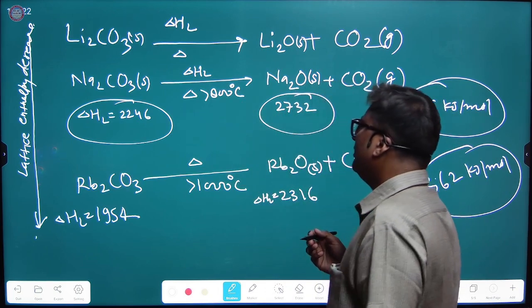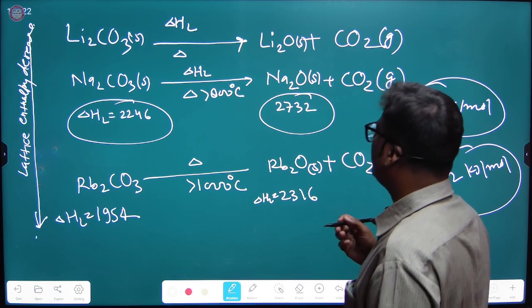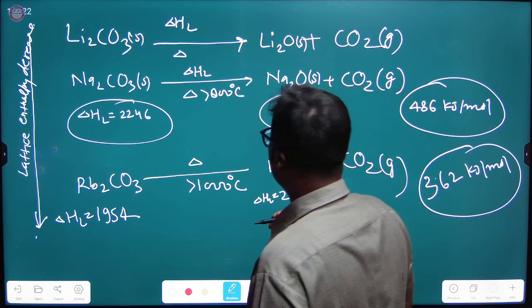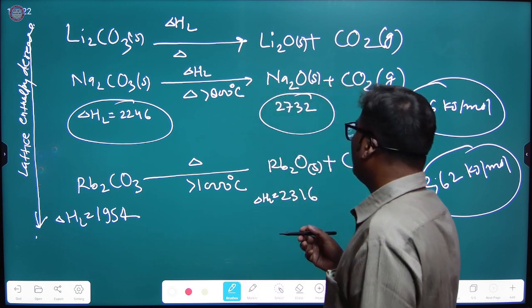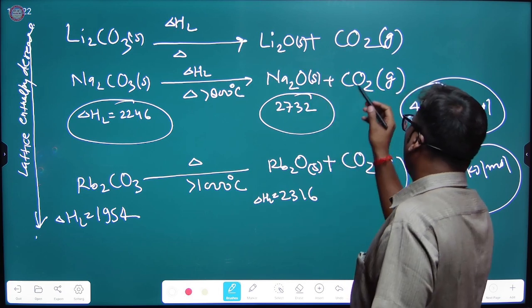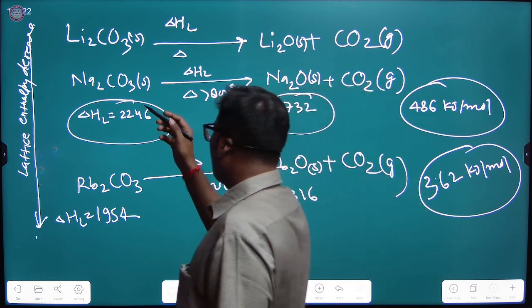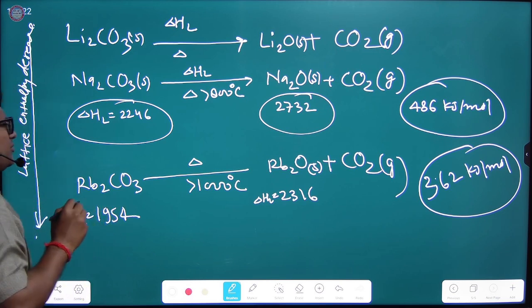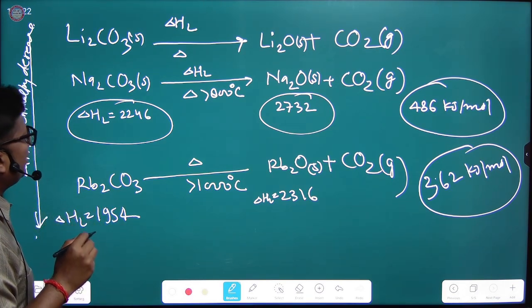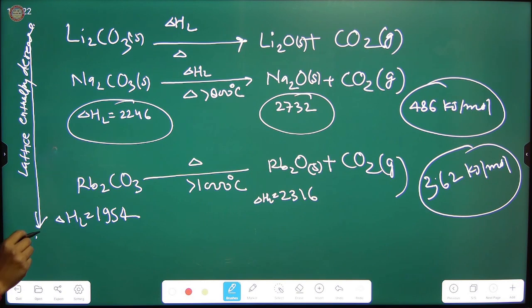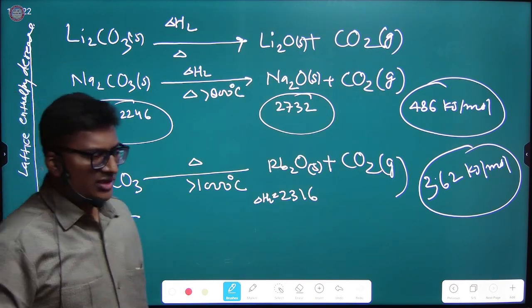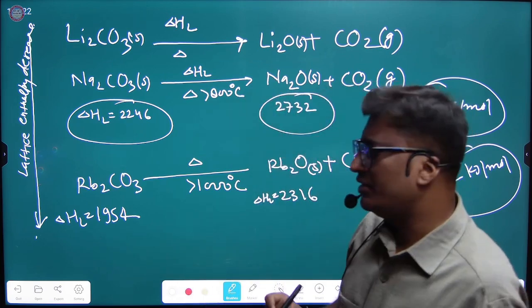carbonate. Okay, lithium carbonate easily decomposes when it is heated at 600 degrees centigrade. It will give products like lithium oxide and carbon dioxide gas. But sodium carbonate has greater stability than lithium carbonate, and potassium carbonate is still more stable, and similarly rubidium carbonate is more stable, and further cesium carbonate is more stable than any other.